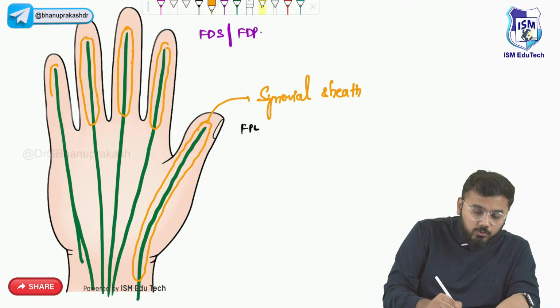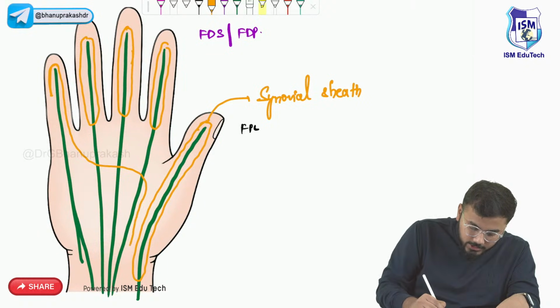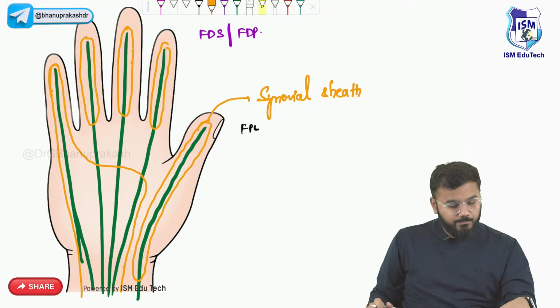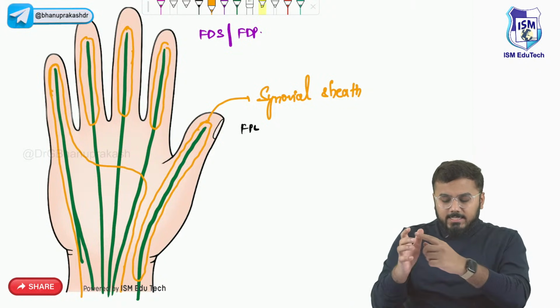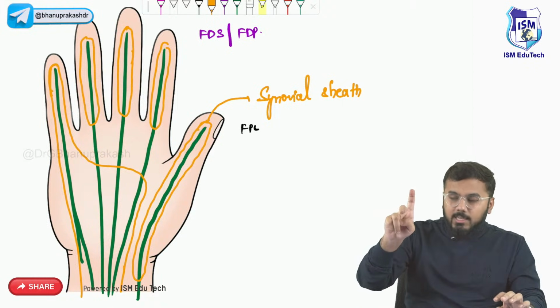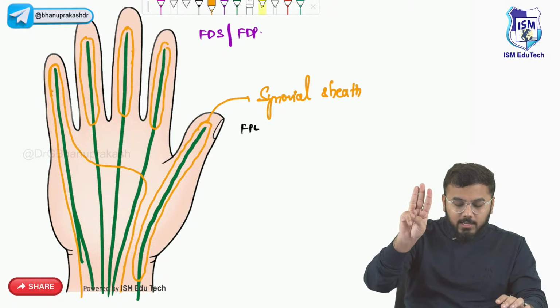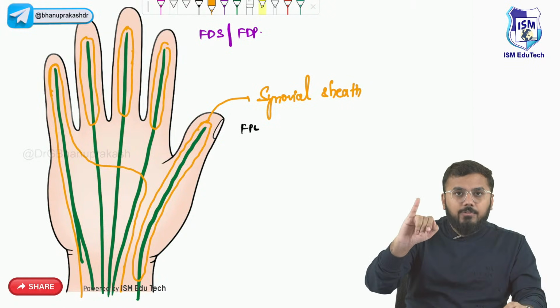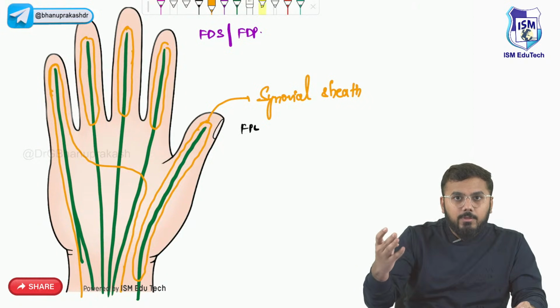But look at the fourth one here. Surrounding this I have got a synovial sheath like this. Can you clearly see the differences, guys? Flexor pollicis longus has a separate synovial sheath. These three fingers also have separate ones. But look at the fifth finger, the synovial sheath is covering all four tendons.